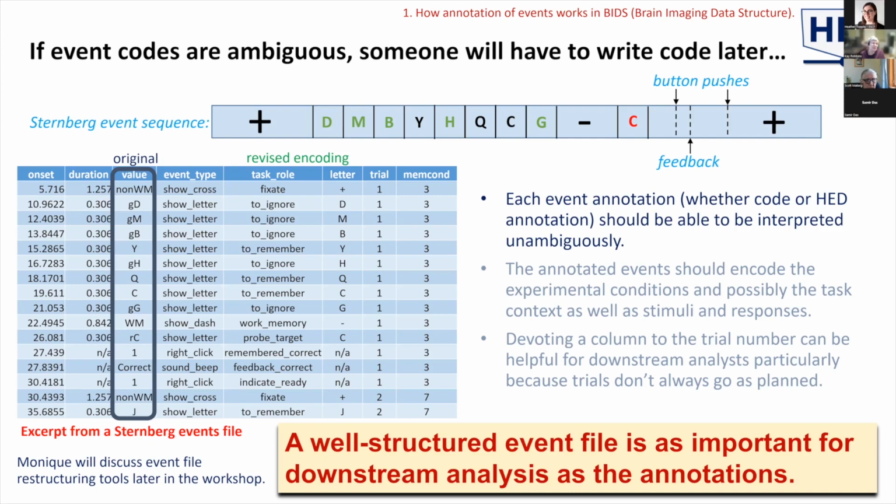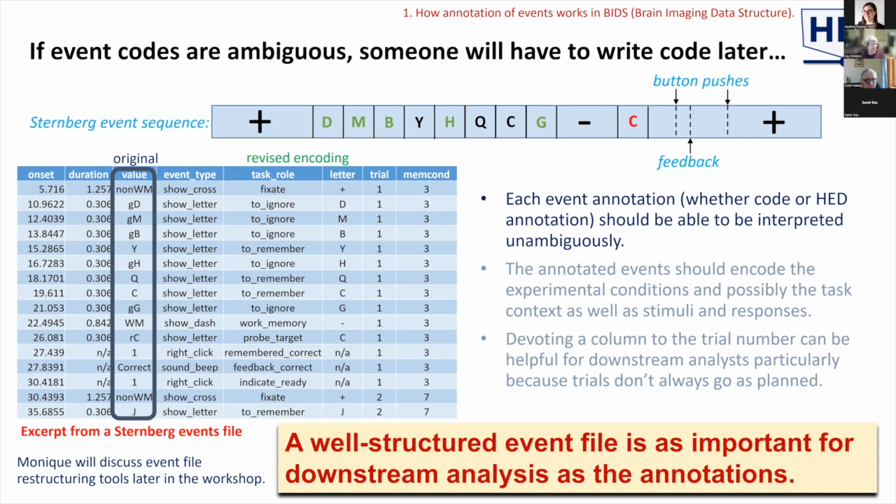Now, it's true that you have to split the G's out in order to know whether it's a letter to forget when you do the analysis. So there's going to be custom coding there, but it is mostly unambiguous. But it doesn't really encode things like the experimental condition or the task context.